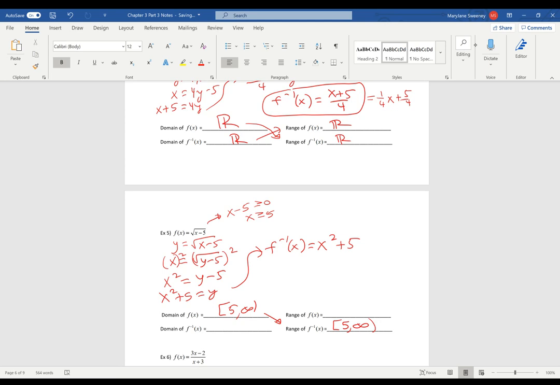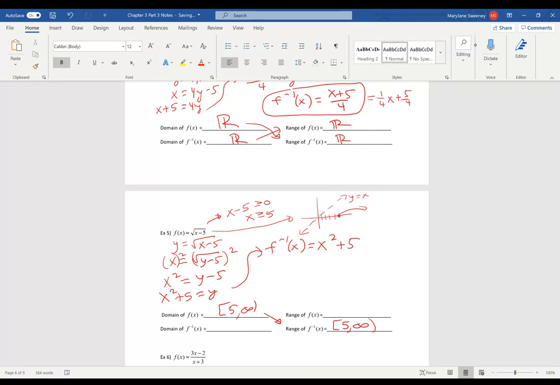What I really have to look at first is what's the range of the original. So if we think about it, this is a square root function that's been shifted right 5. So if I think about that, 1, 2, 3, 4, 5, I have a square root function shifted right 5. So we said that an inverse is a reflection over the line y equals x.